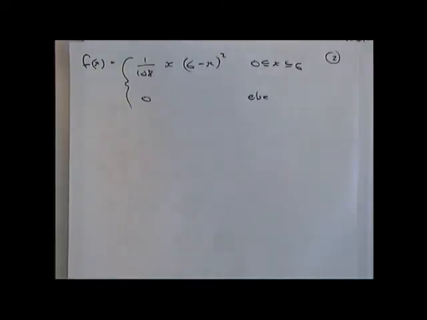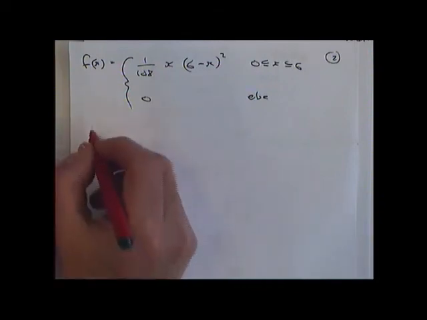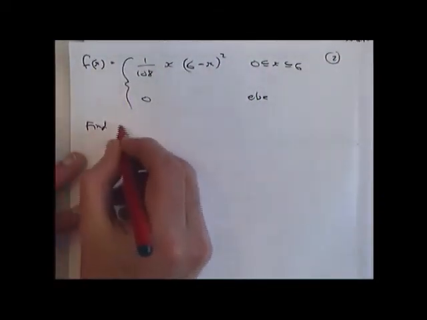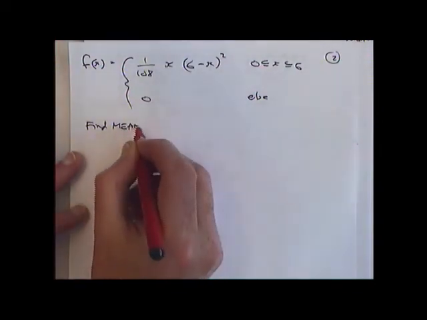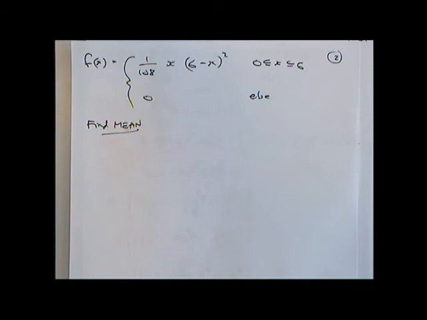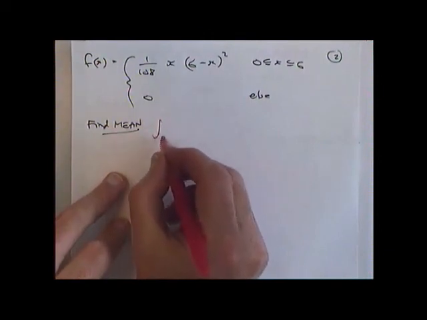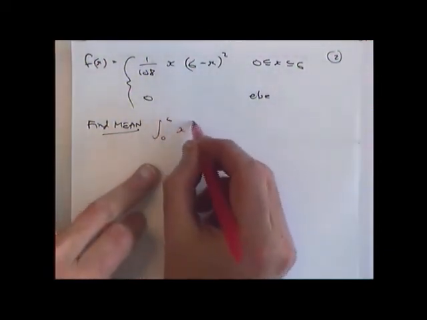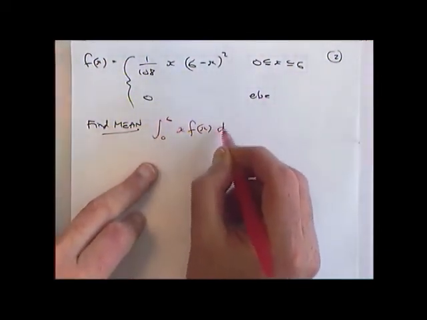What do you feel like doing next? The mean. Okay, let's find the mean next. Right, so Gary gave us how we did it last time. Could somebody else tell us then, how do we find the mean? Integrate between upper and lower limits x f of x. Yeah, that's right, x, f of x.